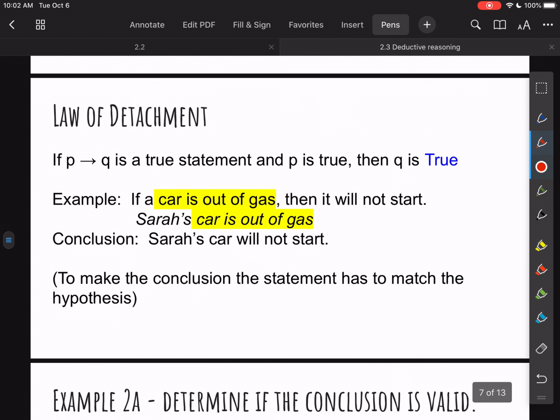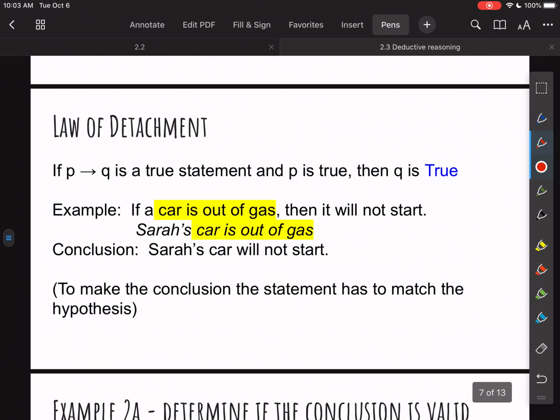A couple of things that we need to look at with deductive reasoning are some specific examples of deductive reasoning. So one form of deductive reasoning is called the law of detachment.